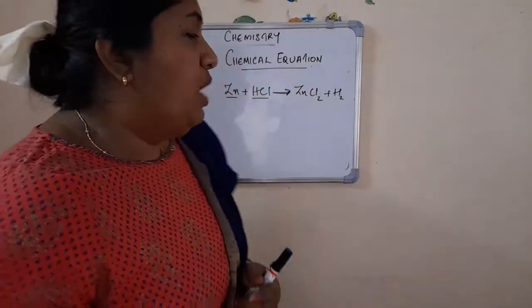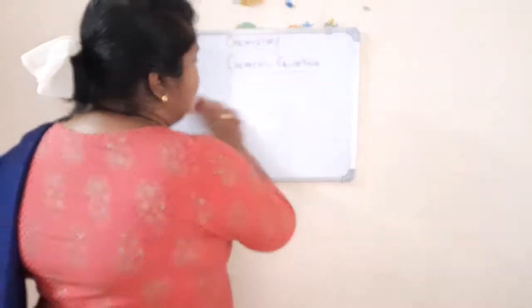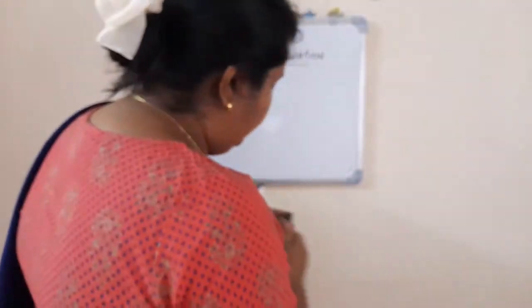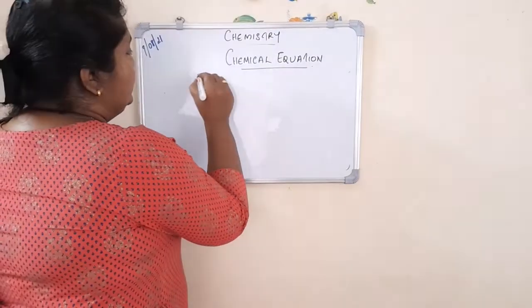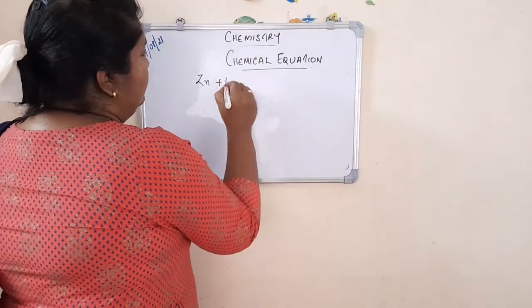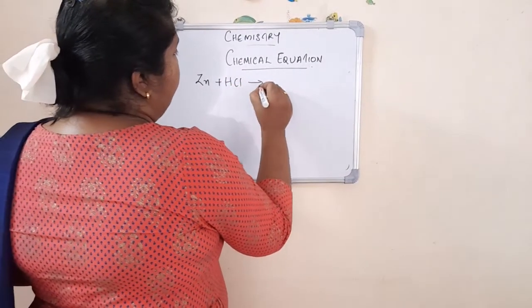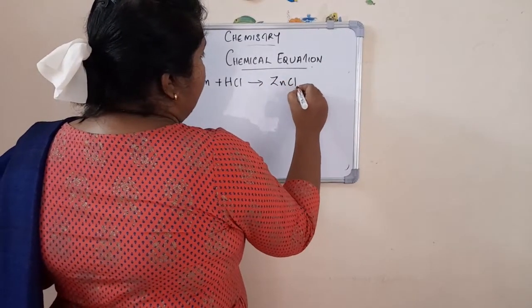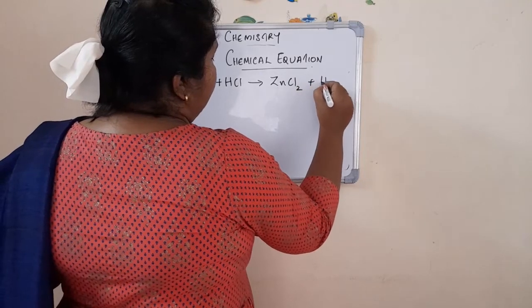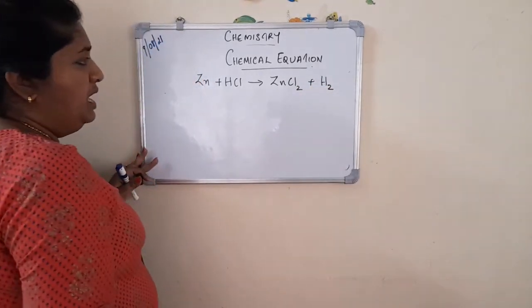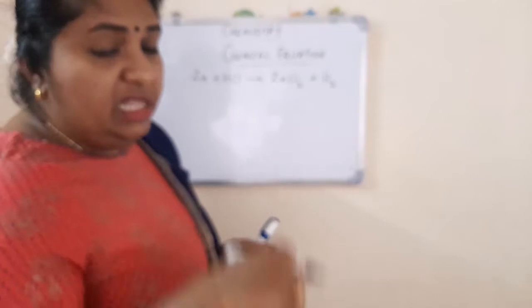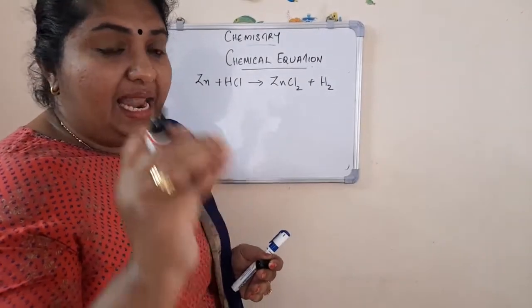So I will show you how we are going to balance this equation. Zinc plus HCl will give you ZnCl2 plus H2. Now I am going to find out whether the equation is balanced.